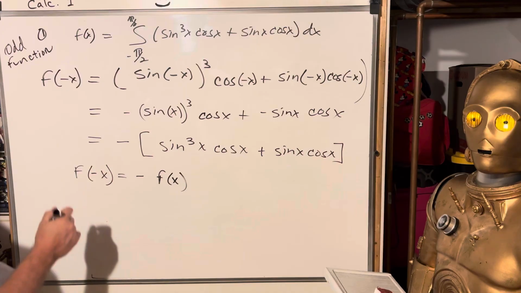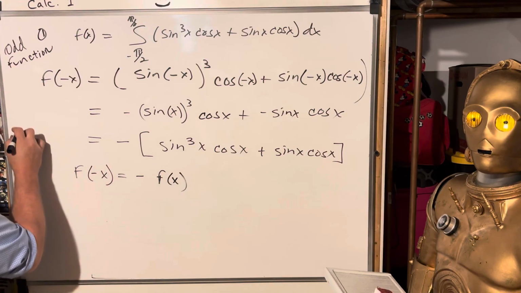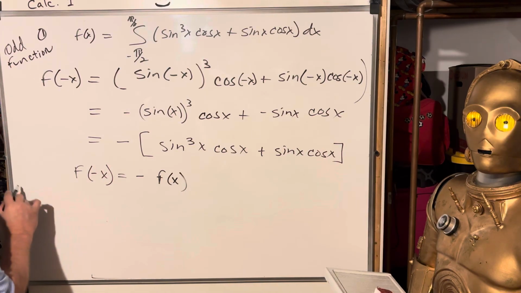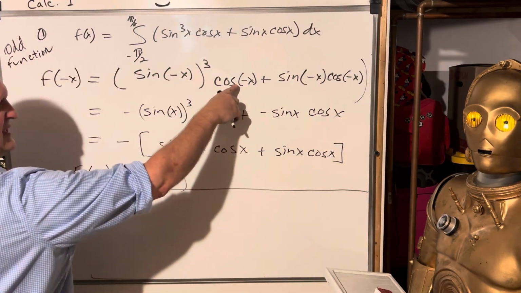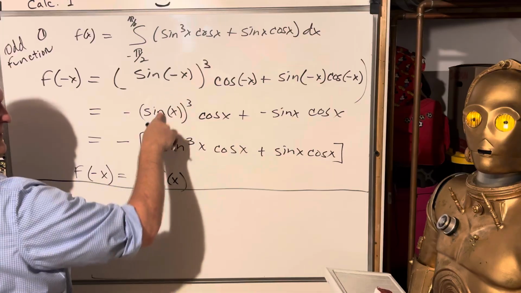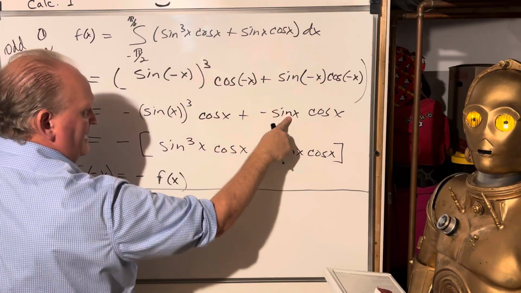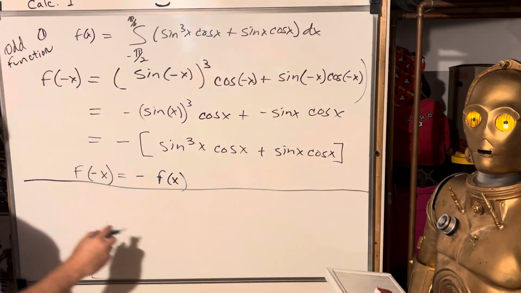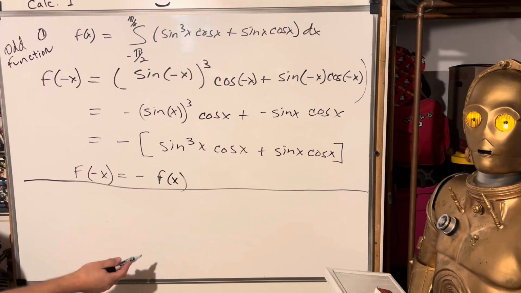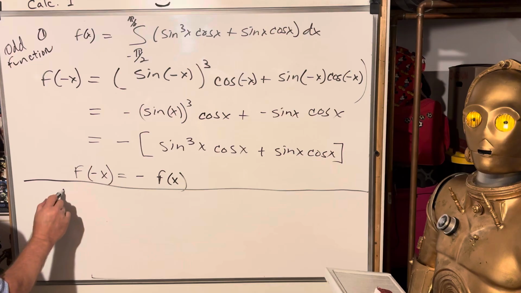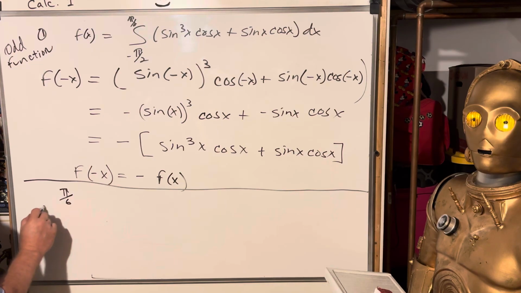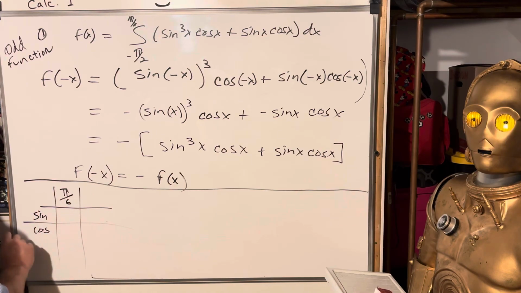And again, you have to know that, like, here, let's do our little thing. Let me show you what that looks like with actual numbers so you understand why we flipped this sign to positive and we flipped that sign to negative. If we use an actual 30 degrees, let's go with 30 degrees. So remember pi over 6 and sine and cosine. We won't do the whole chart this time.